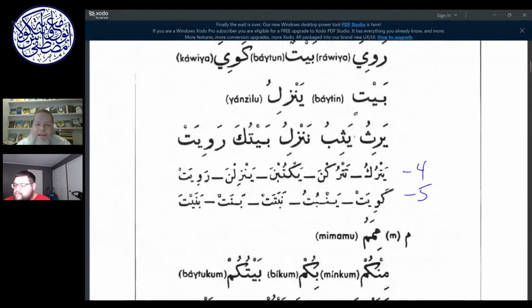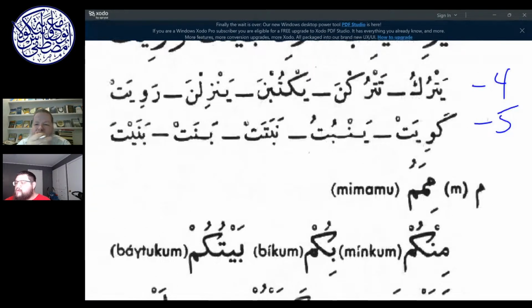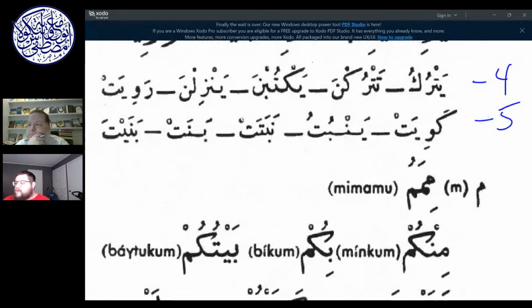Let's read line 5. kawiyat, kawiyat, Yep. yanbutu, Exactly. nabutath, or nabatath or nabatat.